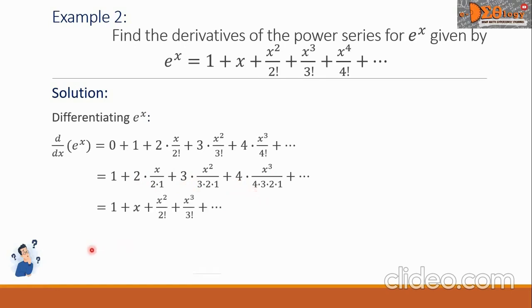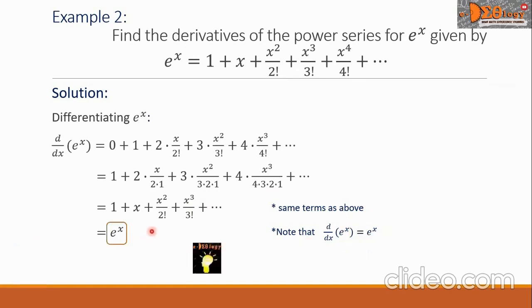And the new answer will be 1 plus x squared over 2 factorial plus x cubed over 3 factorial plus and so on, following the same pattern. We can see that these terms are the same as above. So we can write e raised to x. Remember that the d over dx, or the derivative of e raised to x, is the same e raised to x. This is now the final answer.